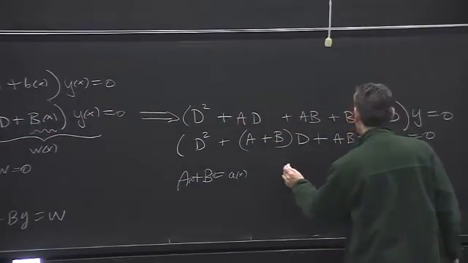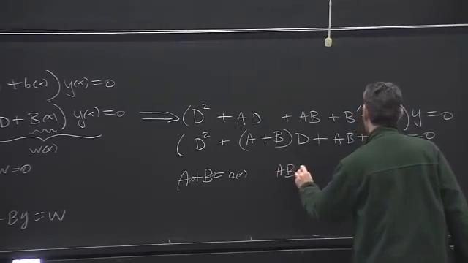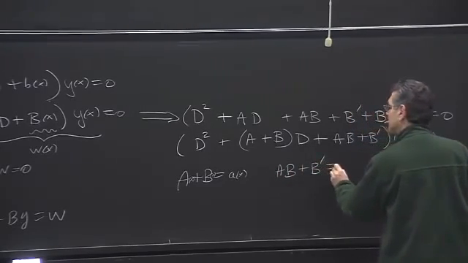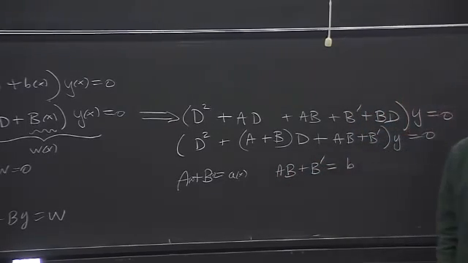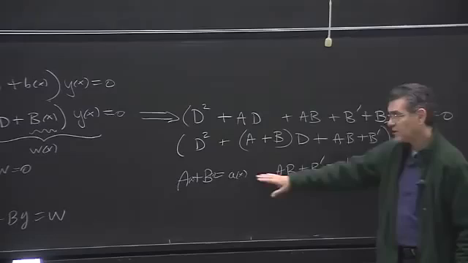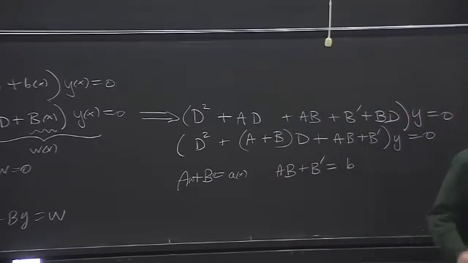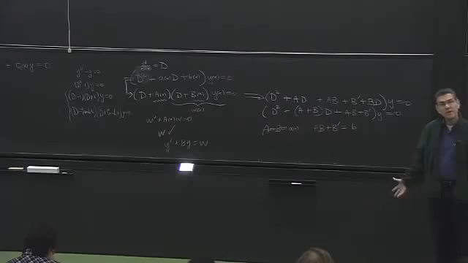And I know that ab plus b prime is little b. Okay? You all see that? So I have two equations for two unknowns. What could be simpler? How do you solve two equations and two unknowns? There's only one general approach. We solve it by elimination.